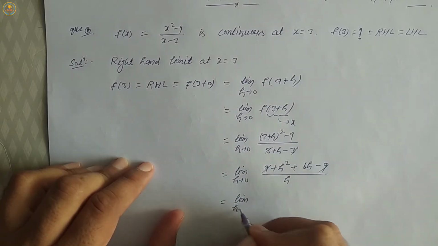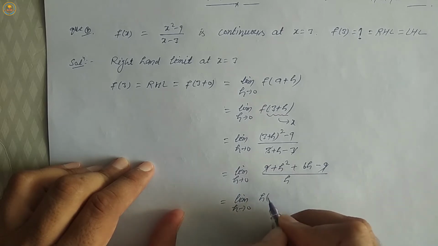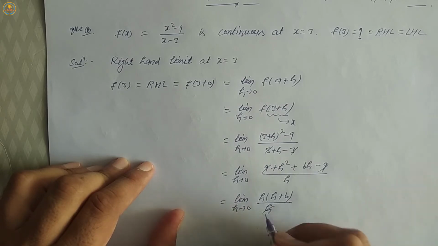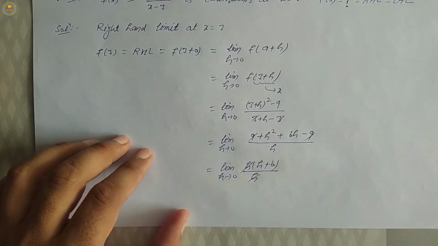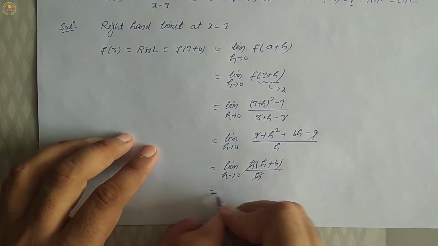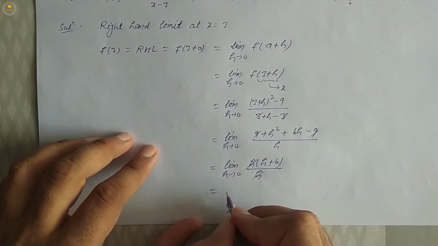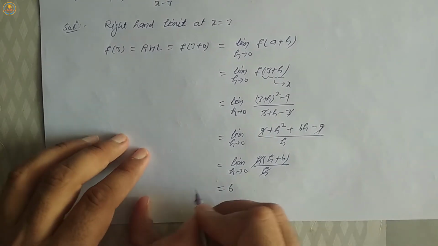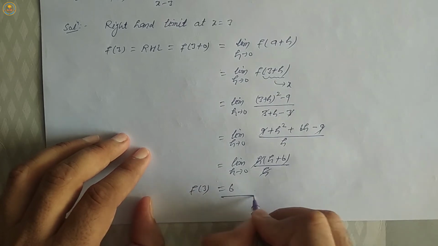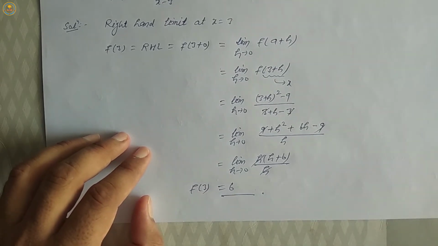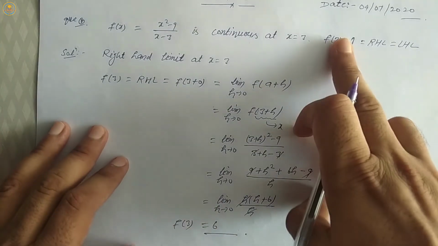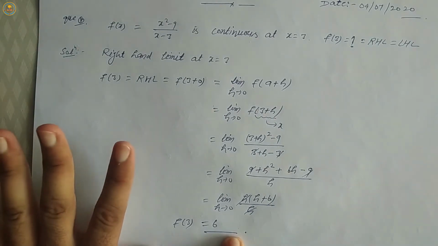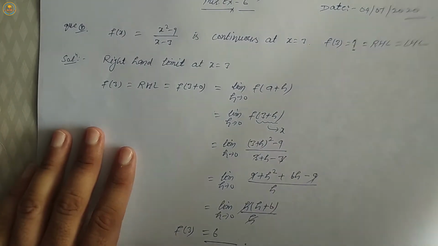Limit h tends to 0, h common, h(h+6)/h, h cancels out, and putting the value h = 0, 0 + 6, it means f(3) = 6. So f(3) is equal to 6. Next question.